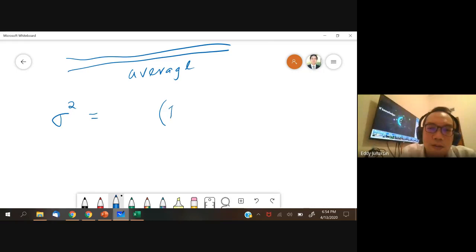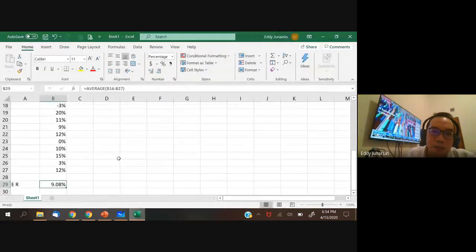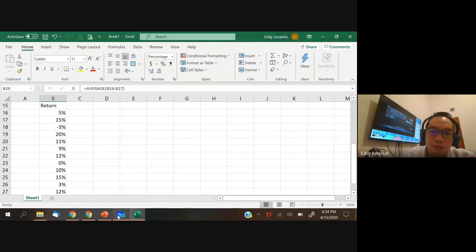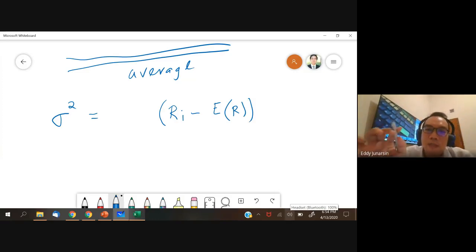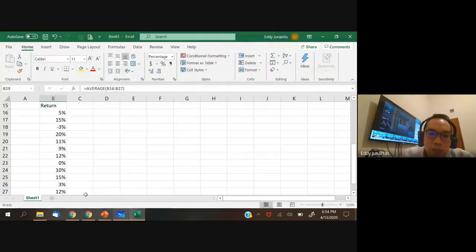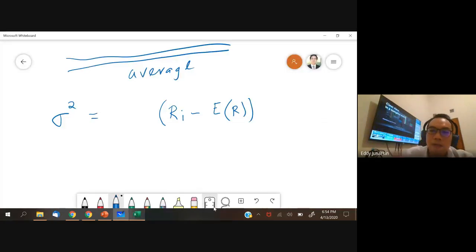So we have each projected return. Once again, projected returns are 5, 15, minus 3, 20, 11, and so forth. Minus the expected return in our example. And we just found our expected return, and it is 9.08%.